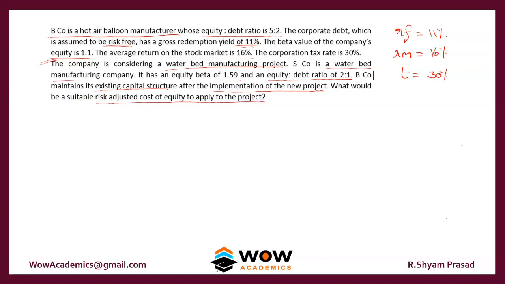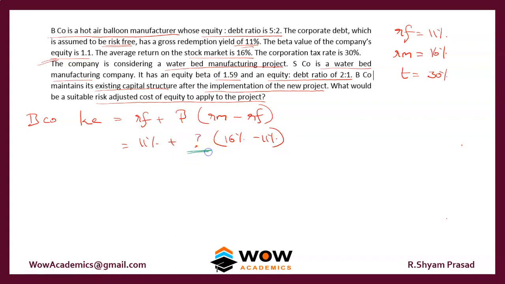So we'll do it like this. Assume that we are going to calculate KE for BCO: RF plus beta into (RM minus RF), where RF is 11% and RM is 16%.